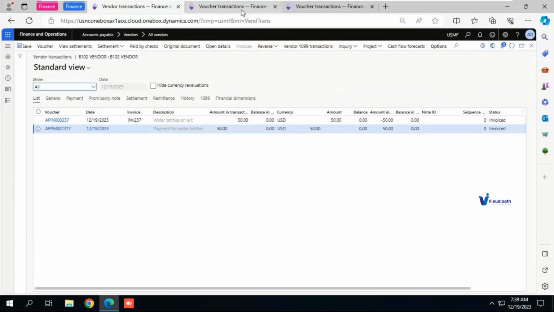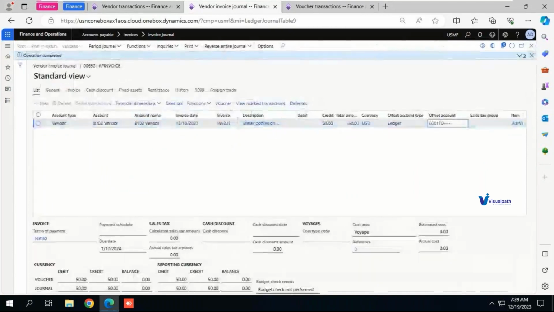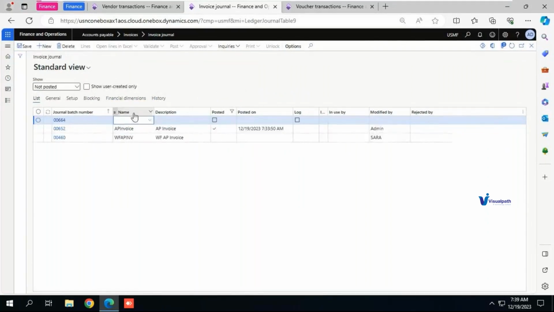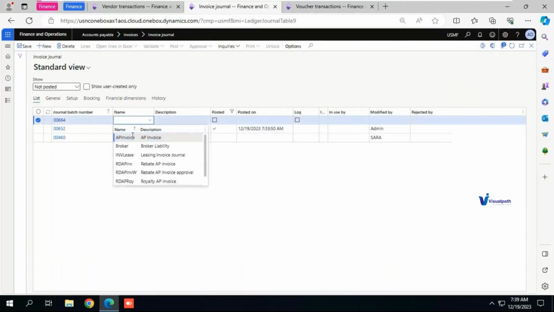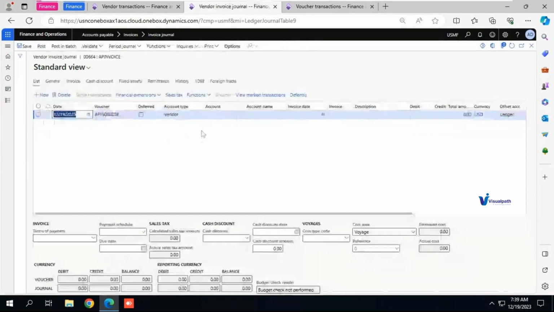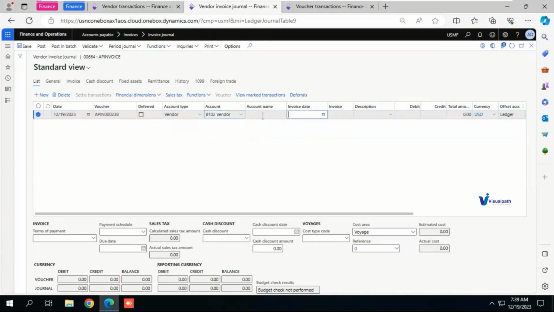So the first transaction is invoice. So here I have purchased water bottle. Now I am purchasing pens. I'm clicking on new, select the journal name, go to lines. I'm selecting vendor account B102, vendor account, tab, and invoice date.